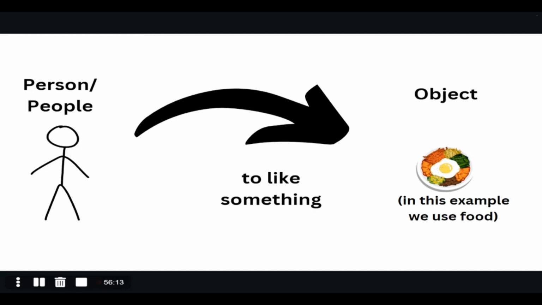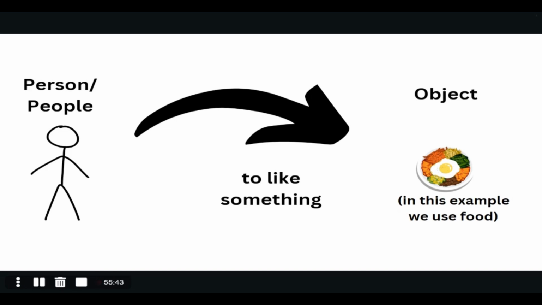I am liking the food, right? So I'm liking the object. Subject, object. These are two things that you need to also learn in language. The object is the thing that is receiving the action or is being acted upon, right? So get this in your head that this is what we mean when we say I like food. I'm the one doing the action.